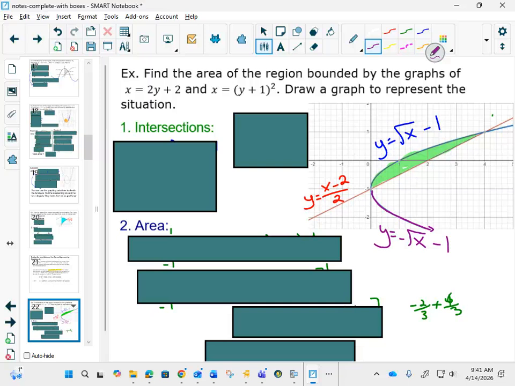If I wanted to do this the old way, do you see that you would take your blue graph minus your red graph and find the integral? Integrating a square root is not hard, but it involves more square roots. So now what we're going to look at is, since I already have them x equals, I could do the same idea and do the graph on the right minus the graph on the left.